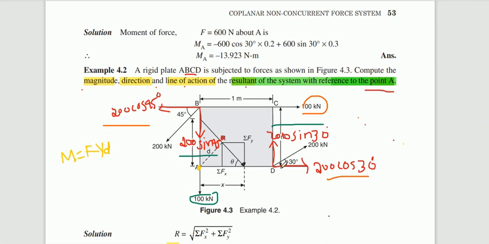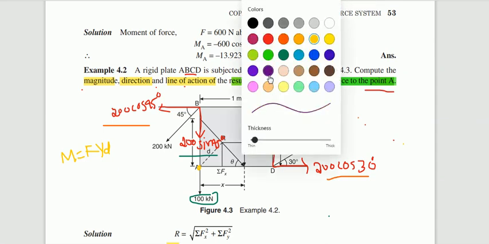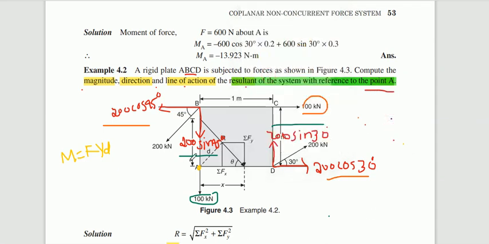Now you have to observe how many forces are passing through point A. That is, you have to see the line of action of the forces which is passing through A itself. You can observe this force, that is 200 sin 45. The line of action of this is passing through point A only, and therefore the moment due to this force will become 0, because force is there but the perpendicular distance is 0.